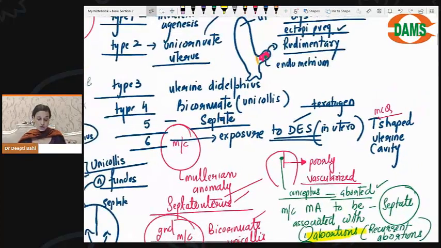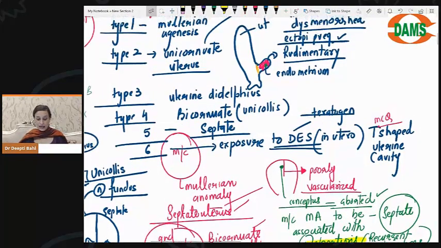So this is the ASRM classification that you should know. Less likely to be asked, but in case they do, just know this much. Don't go into any more details. Right, so these are things that you should know about different kinds of Mullerian anomalies. Also, super important is one thing.